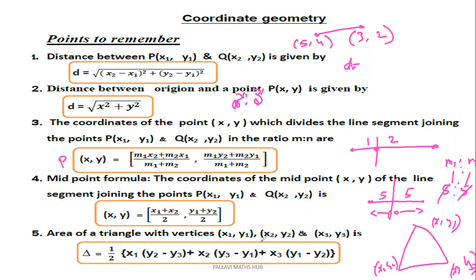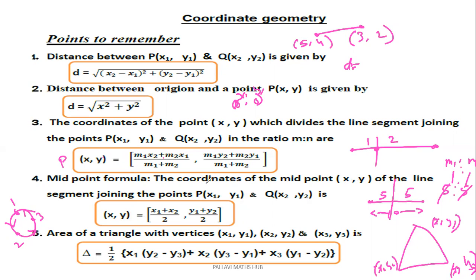The area of the triangle formula is 1/2 into, consider it cyclic, starting from number 1, this is 2, this is 3. So x1 into (y2 minus y3) plus, after 1, 2, x2 into (y3 minus y1), after 2, 3, plus x3 into (y1 minus y2). This is the area of the triangle formula.